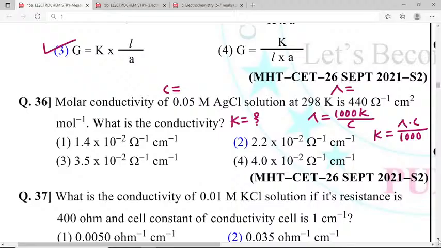Put the value and we'll get the answer. What is the lambda value? Lambda is 440, multiplied by C, concentration 0.05, divided by 1000. The zeros get cancelled. 2.2 into 10 to the power minus 2 is your answer.